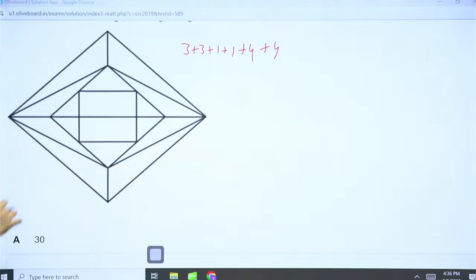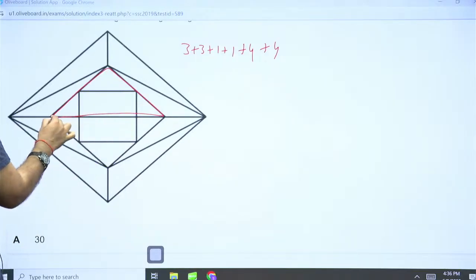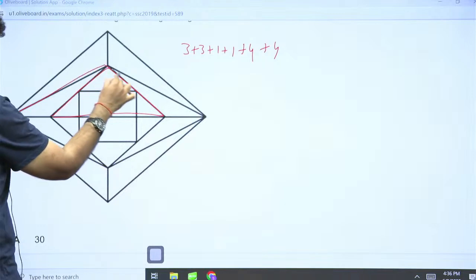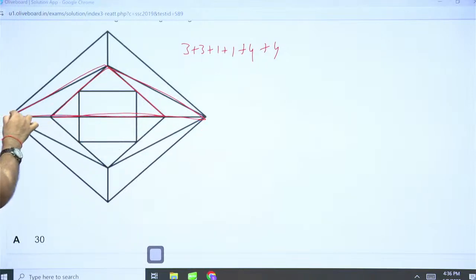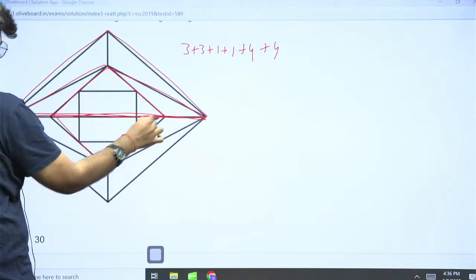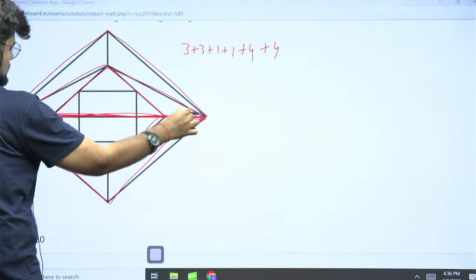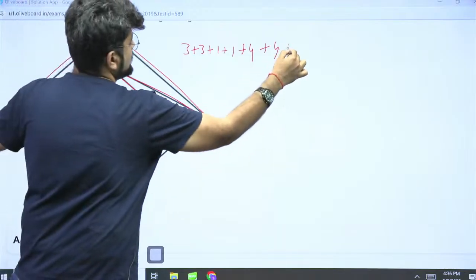Now look at the combos. Combos means this one figure we did not count. 1, 2, 3, 4, 5, 6. So we'll have 6 more.